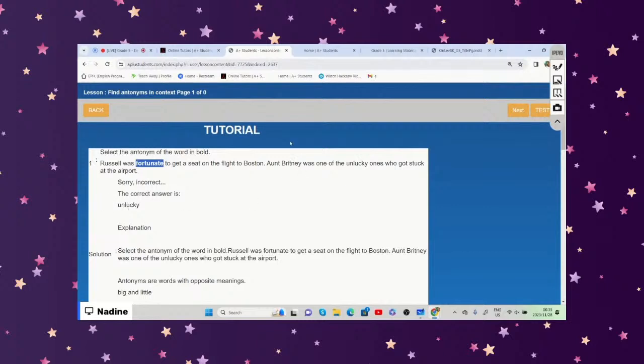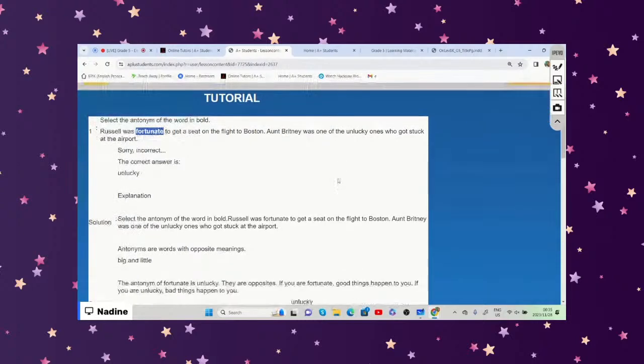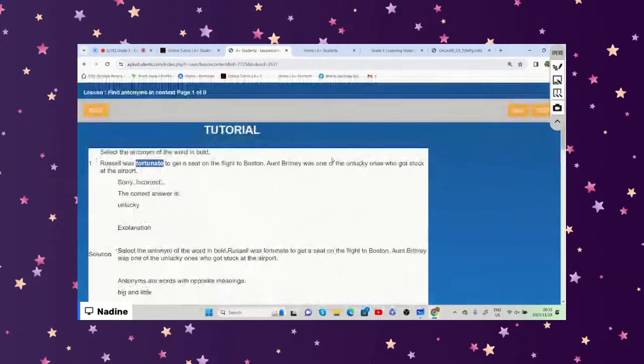But here it says Aunt Brittany was one of the unlucky ones who got stuck at the airport, which means that unlucky is the opposite of fortunate.